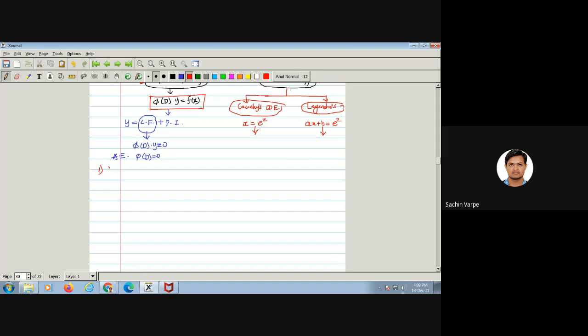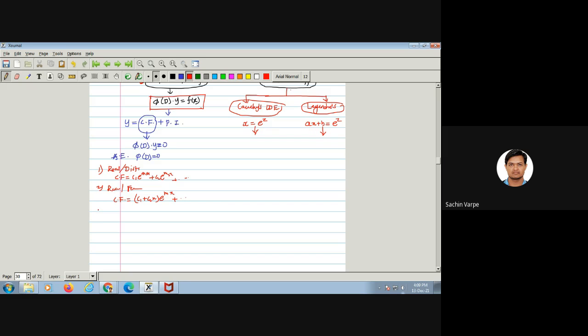If the roots are real and distinct, then CF is equal to C1 e to the power m1x plus C2 e to the power m2x plus and so on. If the roots are real and repeated twice, then the complementary function is C1 plus C2x times e to the power m1x, plus and so on.